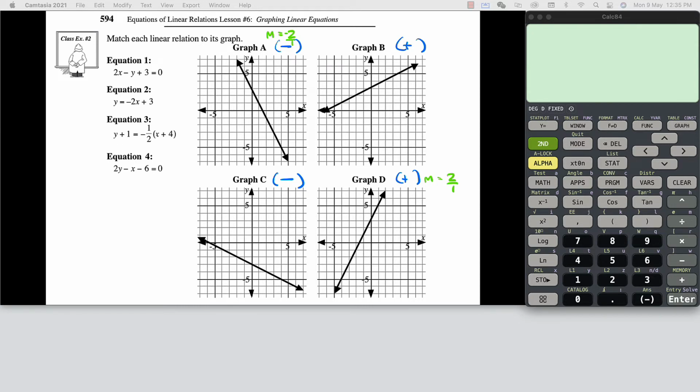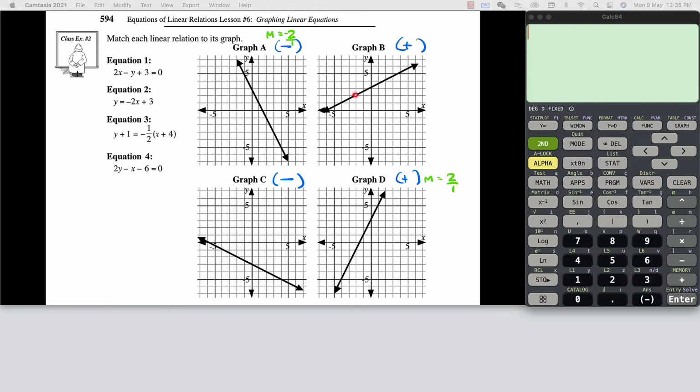Okay, what about the other slope, graph B and C? They seem to have the same slope, but one is positive and one is negative. So again, if I find 2 points on there, from that point right there, it looks like we're going to be going, it's hard to actually see where it crosses.